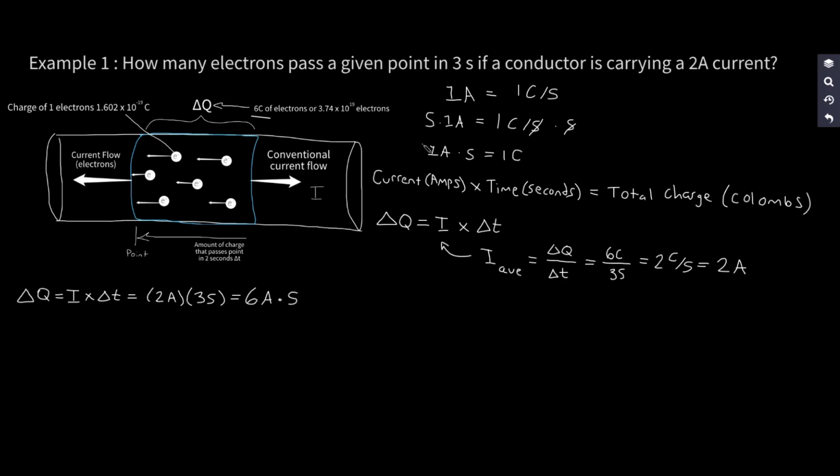The product of 1 ampere times second equals 1 coulomb. So this is the same thing as 6 coulombs.